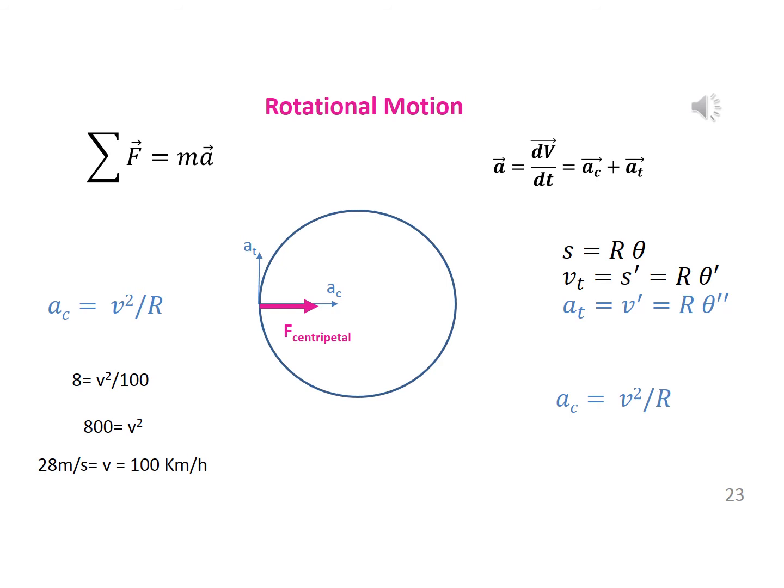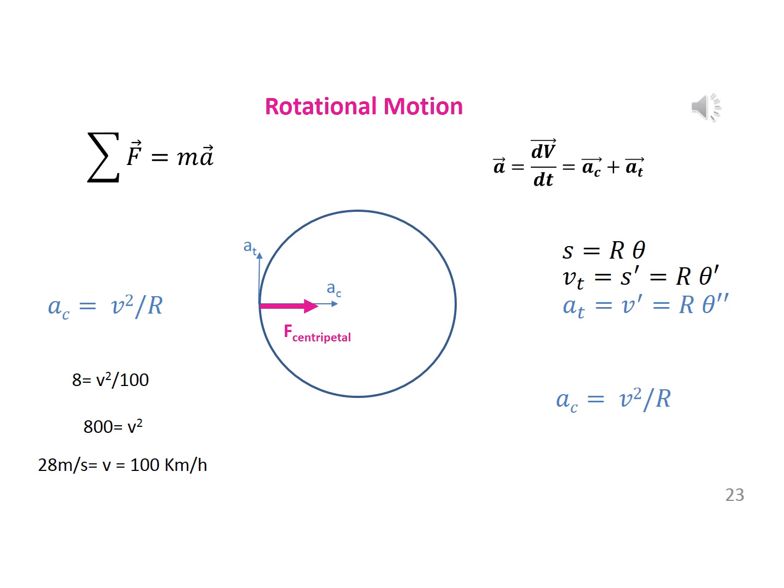So imagine I have a bus and it wants to take a curve. So let's put a safety acceleration for it. For example, I tell it that if you surpass 8 meters per second squared, the bus would fall off the curve because of the centripetal acceleration. So I replace AC with 8 and I have to find the limited speed V for the bus, if I know that the road has a radius of curvature of 100 meters.